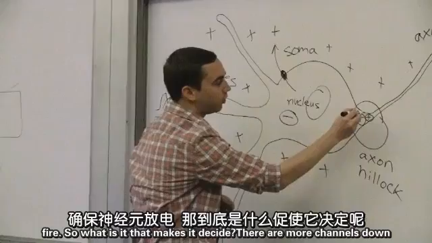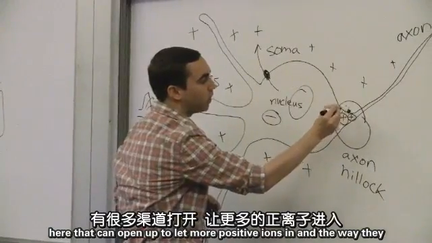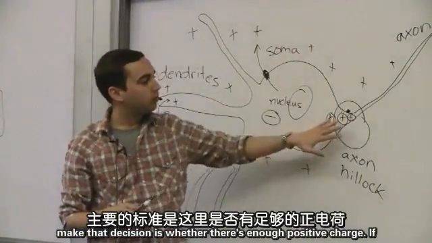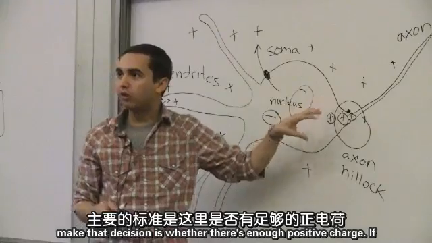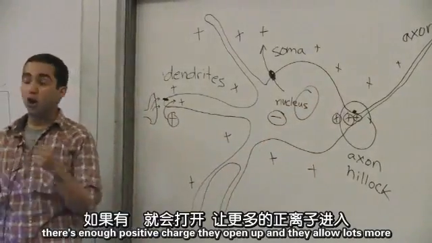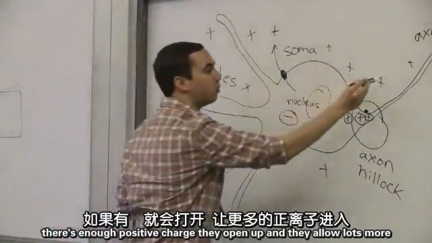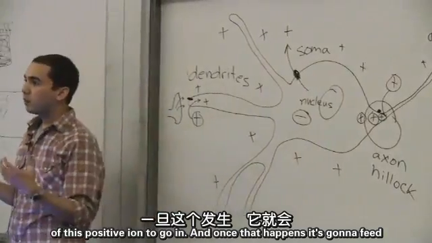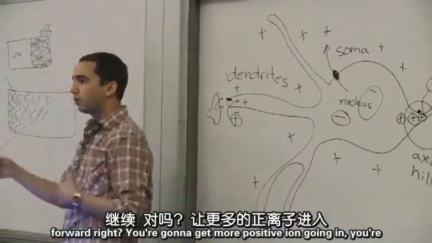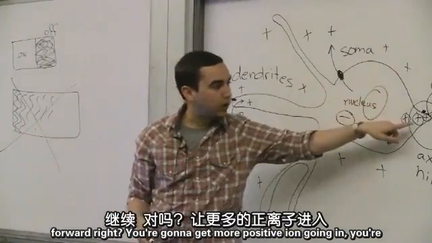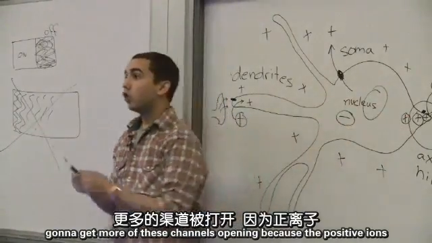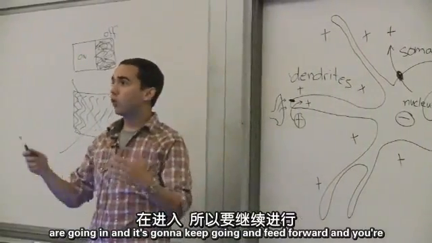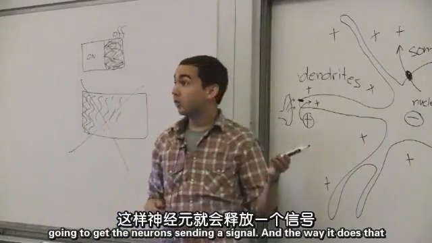There are more channels down here that can open up to let more positive ions in, and the way they make that decision is whether there's enough positive charge. If there's enough positive charge, they open up and they allow lots more of this positive ion to go in. And once that happens, it's going to feed forward, right? You're going to get more positive ion going in, you're going to get more of these channels opening because the positive ions are going in, and it's going to keep going and feed forward, and you're going to get the neuron sending a signal.